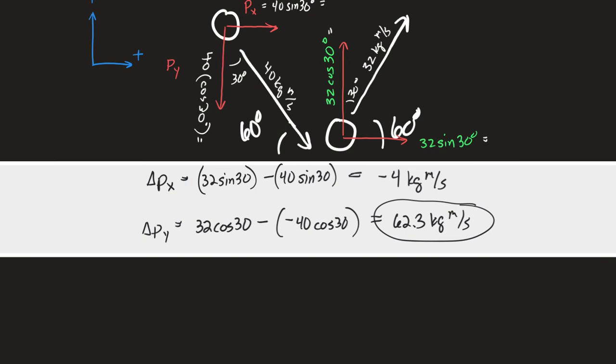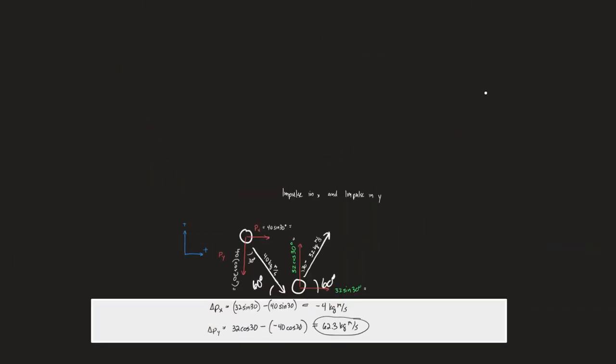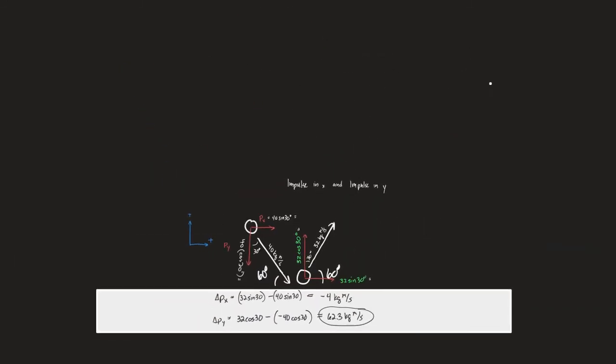Well, the object was traveling to the right in the X direction, and it's still traveling to the right, just not as fast. So something had to push on it a little bit to the left. That means that in the course of this collision, the wall must have pushed on it with a force in that direction, upwards and a little to the left. It's the only way it could have slowed down some in the X direction, but changed direction in the Y direction.